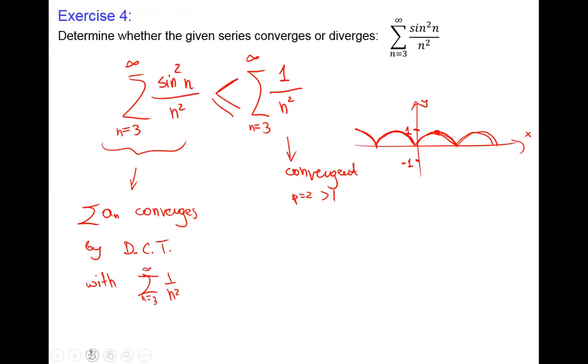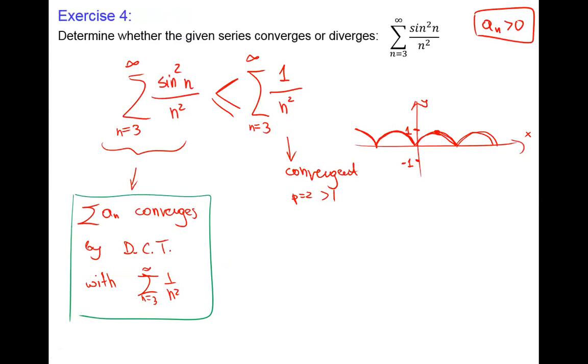Yeah, everything works. Another thing about exercise 4: you probably noticed all of the terms we're comparing are positive, because I'm supposed to always say that A sub n is positive, all of the terms.